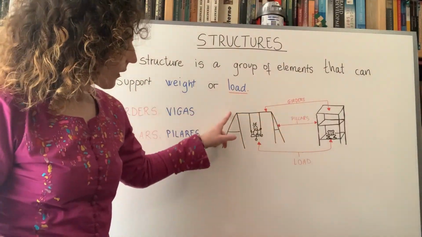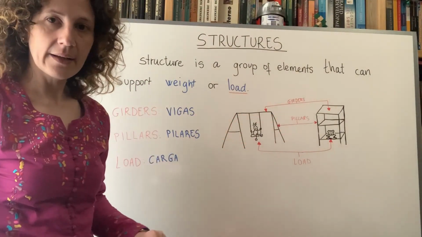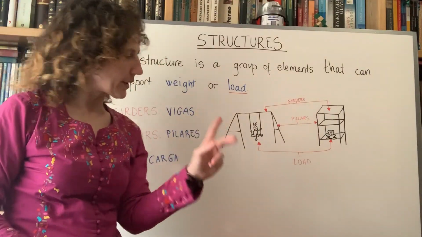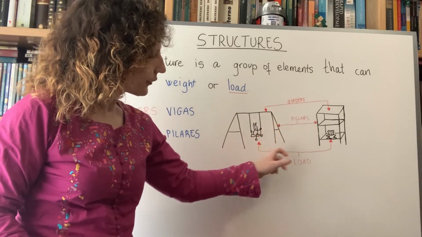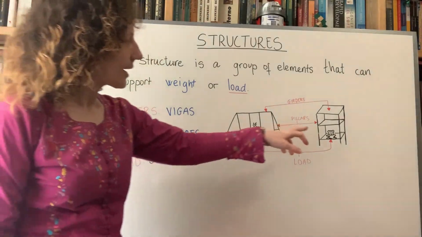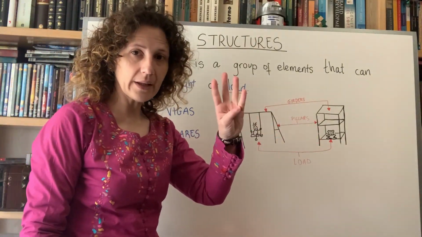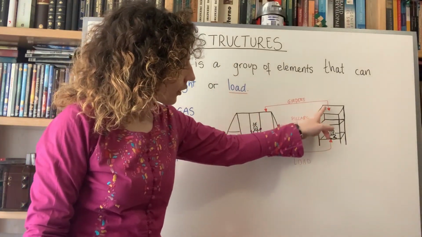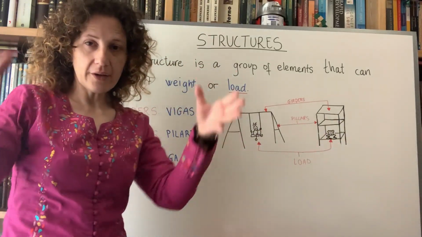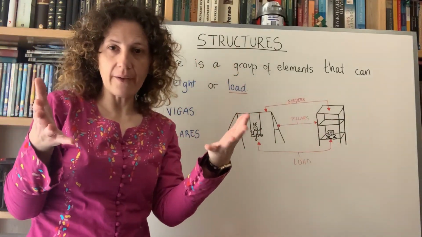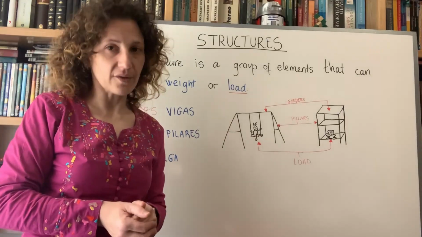This structure has 4 pillars. 1, 2, 3, and 4. Okay, as well as in this shelf, there are 4 pillars too. 1, 2, 3, and 4. They are going to give strength to the structure.